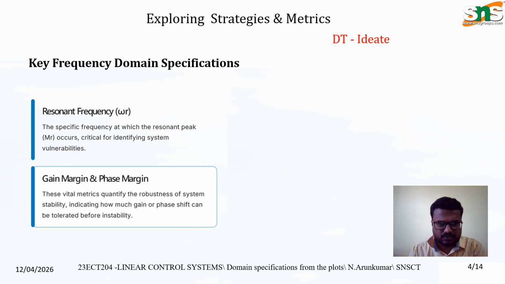The resonance frequency omega r is needed because we need to check the marginal frequency of the system, so we fix the resonance frequency as the critical one. And next are gain margin and phase margin. The exact frequency, its bandwidth and angle are monitored with the help of the gain margin and phase margin of the systems.